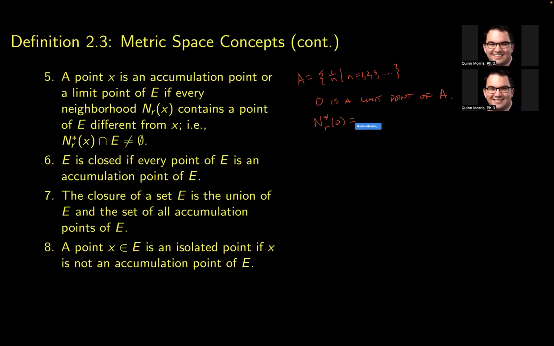That is the set from minus r up to zero, not including zero, union zero to r. These are all the points within distance r of zero, not including zero. Now, I want to show that there's always an element of my set A that intersects this set N_r star of zero. Okay, so how do I do that?